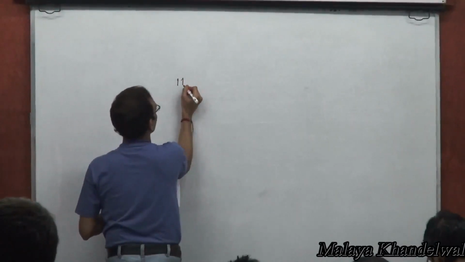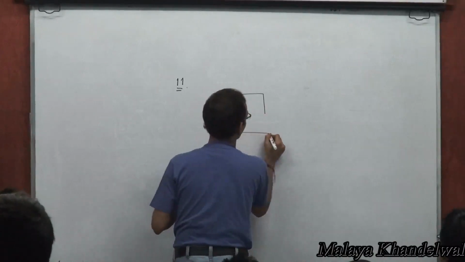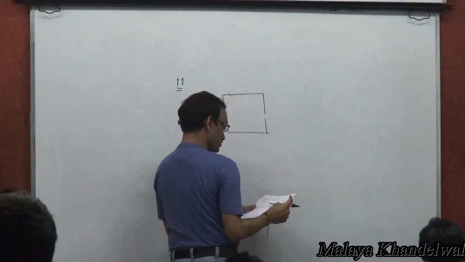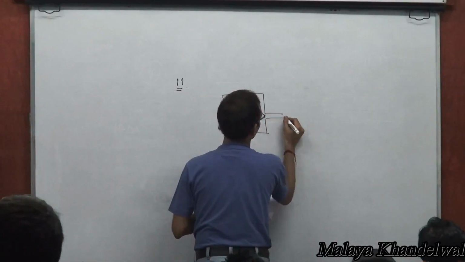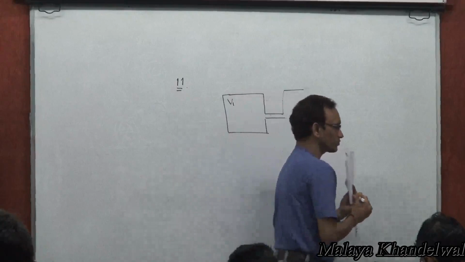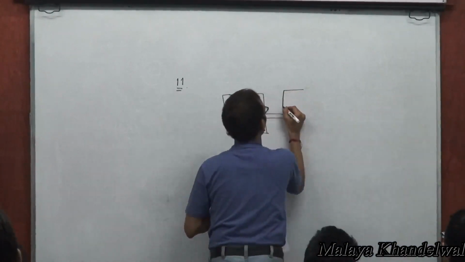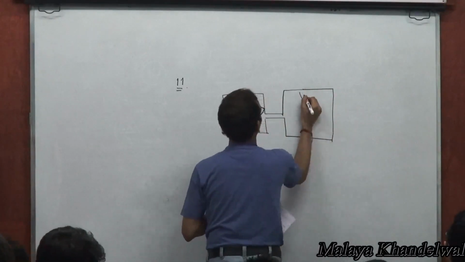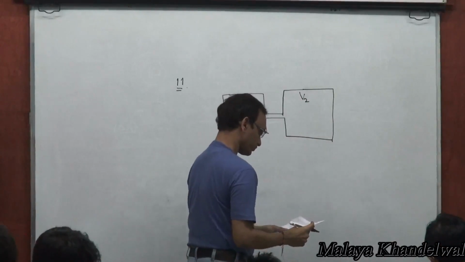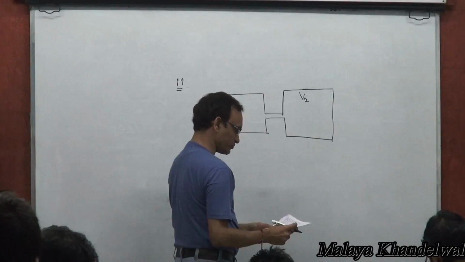Two thermally insulated vessels of volume V1 and V2 are filled with oxygen and connected by a small tube equipped with a valve.